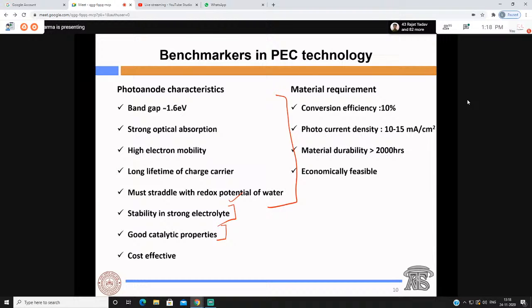There is a society, the National Renewable Energy Lab (NREL), which gave the guidelines for a material to be commercialized: it should show a conversion efficiency of at least 10%, with a photocurrent density of 10 to 15 milliampere per centimeter square, with a stable operation for more than 2000 hours, and of course it should be economically feasible. Okay, so these are some standard requirements, only then can commercialization happen.